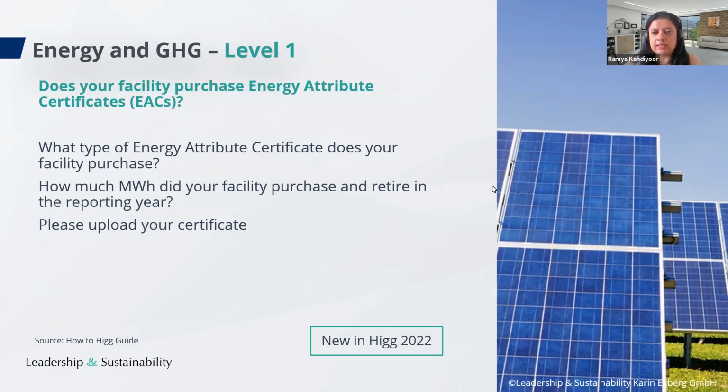So when the EACs are purchased separately and are not already bundled with your purchased renewables at the facility through your PPA agreement, etc., that is when you will be able to report it. You should have the total amount of purchased electricity. Let's take an example here. So let's say you have a total amount of purchased electricity as 100,000 kilowatt hour. You have the total amount of RECs that are purchased to be 40 megawatt hour. Then if you convert the 40 megawatt hour into kilowatt hour, it will be 40,000 kilowatt hour.